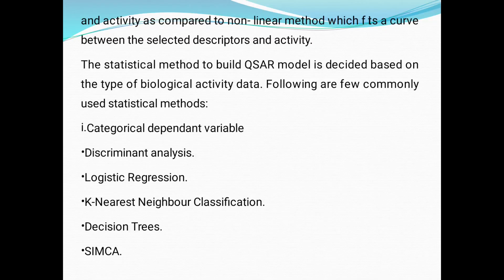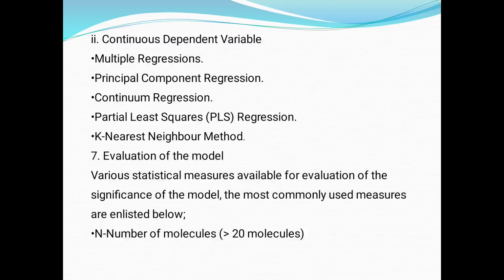There are various statistical methods depending on the data to build a QSAR model. So until now we were talking only about computational chemistry. Now we are talking about statistics. So we have categorical dependent variable: discriminant analysis, k nearest neighbor, logistic regression, decision trees, and SIMCA, of which k nearest neighbor classification is a very good method.